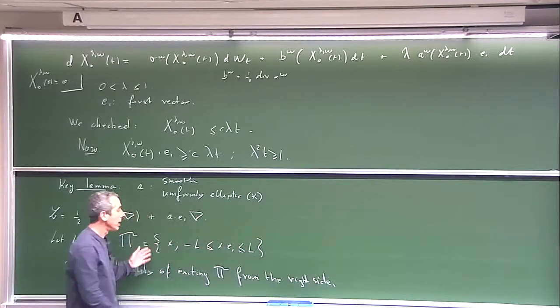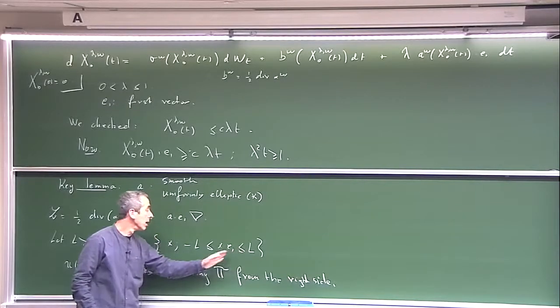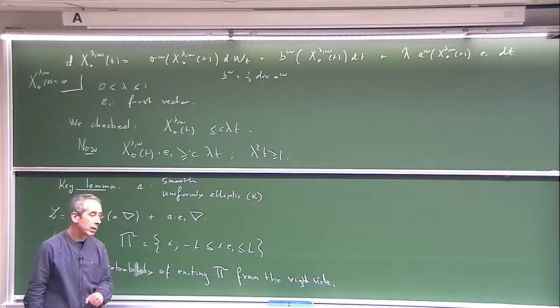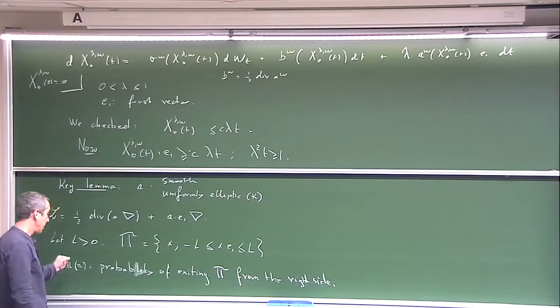Okay? So the probability to hit the hyperplane where x dot E1 equals L before hitting the hyperplane where x dot E1 equals minus L, starting from x.